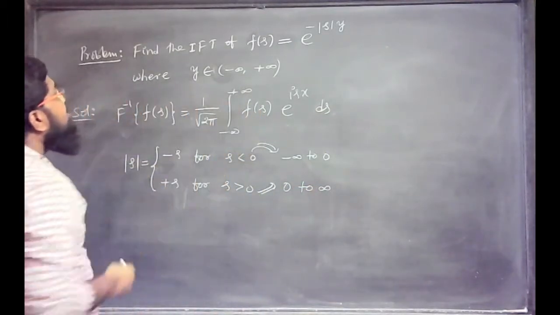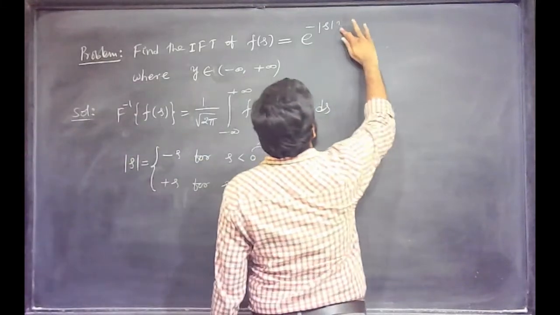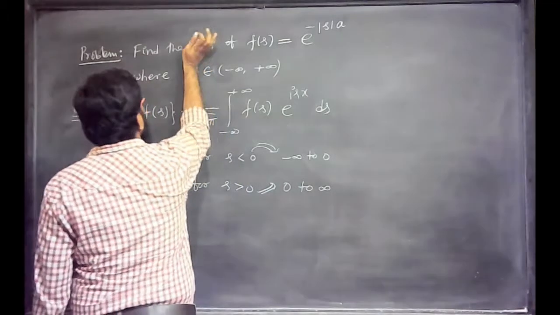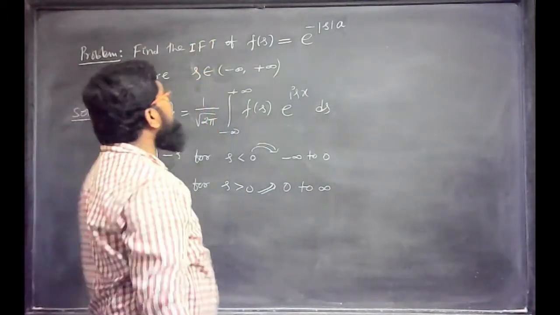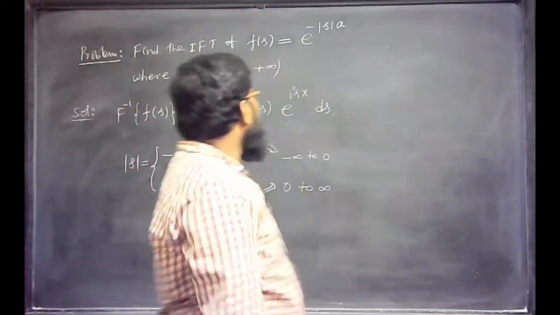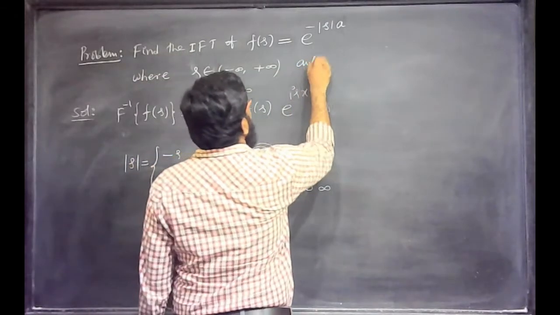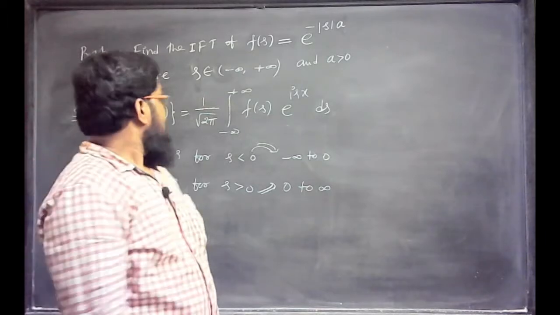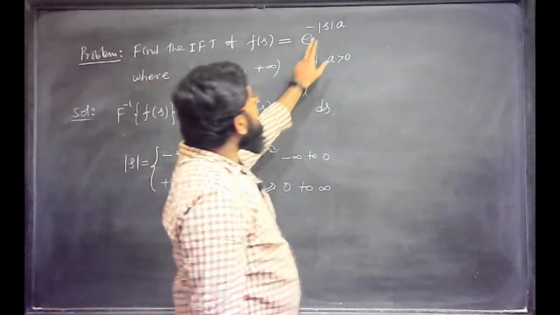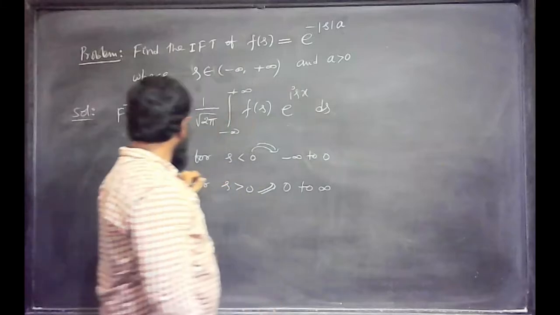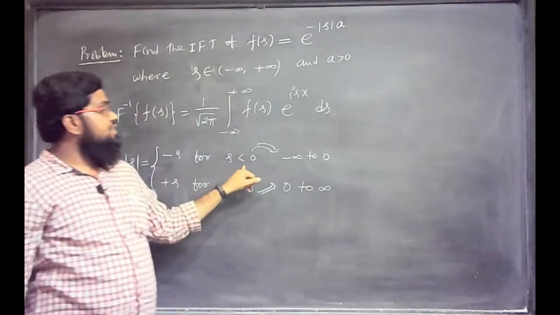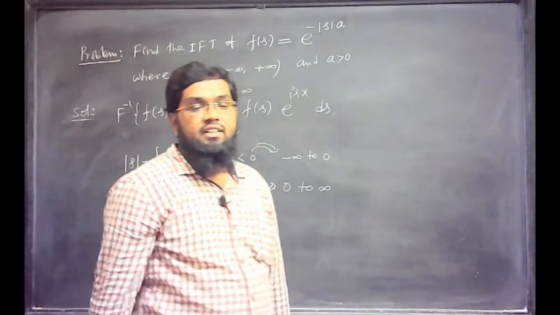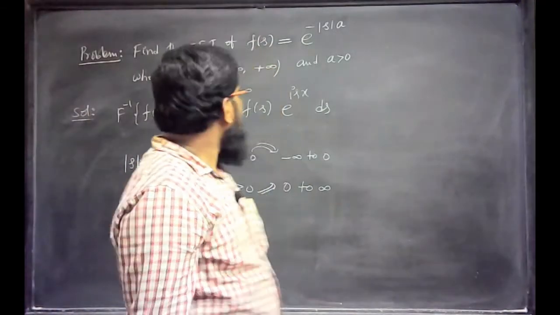Here s belongs to minus infinity to plus infinity, and a is some constant, let's say greater than 0. So modulus of s will be minus s for s less than 0, then plus s. That means we need to split up the integration here.